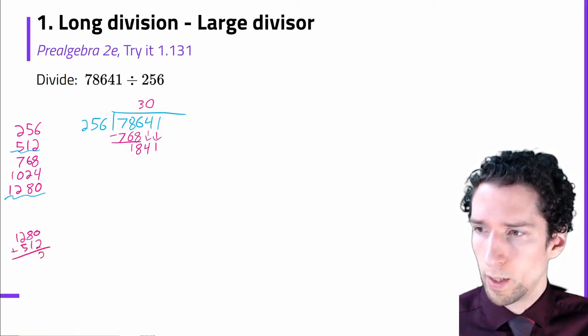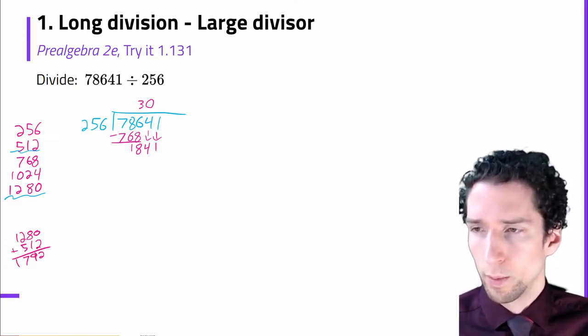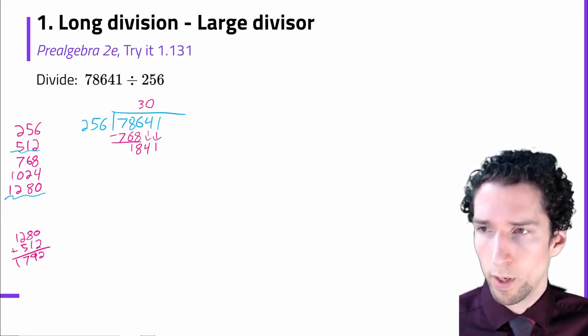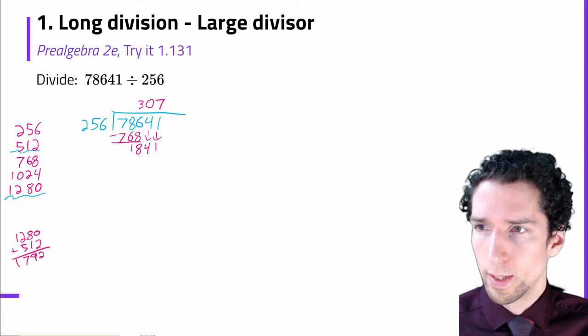If we add these, that's 1,792. That's just a little bit less than this number here, our target. So looks like it will cleanly go in 7 times. So 7 times 256, we just figured out 1,792.